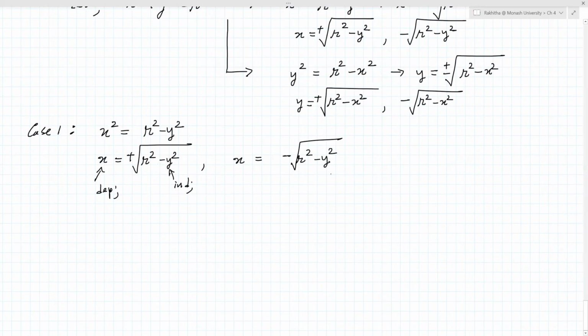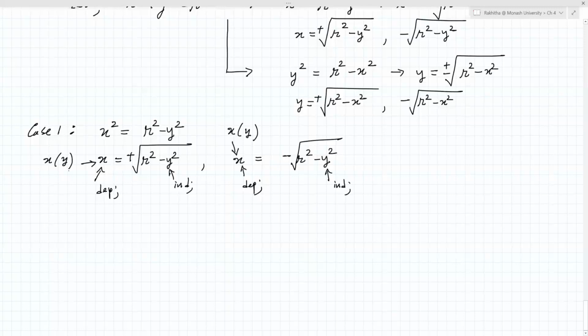Okay, now here this would be your independent variable, this would be your dependent variable. So in other words, what I'm saying, this dependent variable, x is a function of y, right? So that's the actual meaning. You can say x is a function of y here, right?